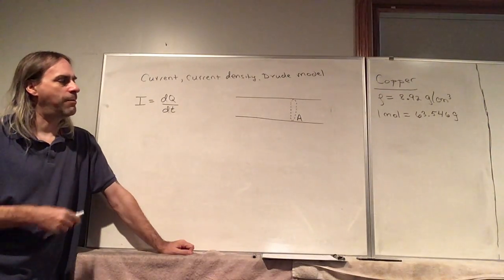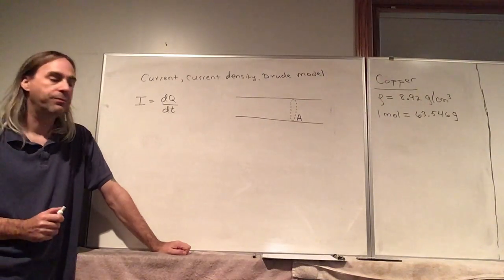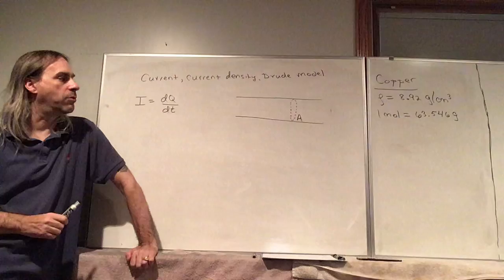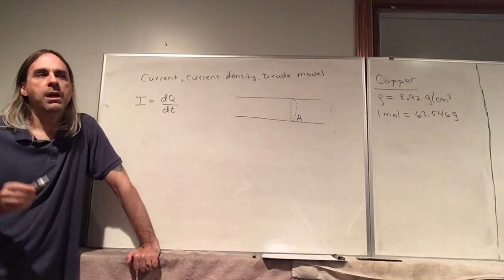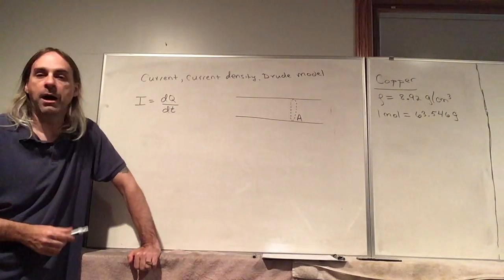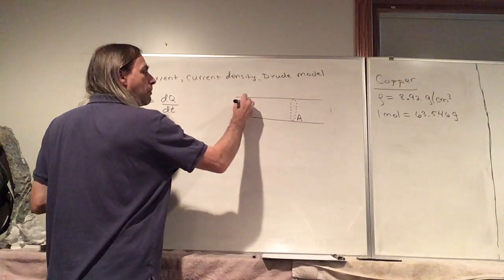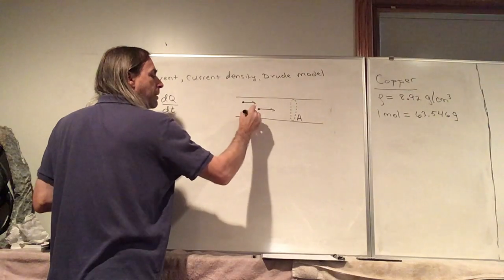And we want to visualize what's actually going on inside this wire. There's a couple ways we can visualize what's happening inside the wire. We're going to look at two models. One is kind of a ridiculous model where let's say that we have charges that are doing this.